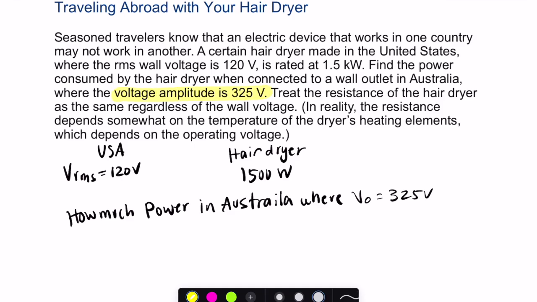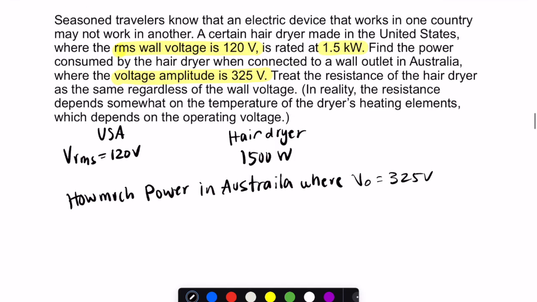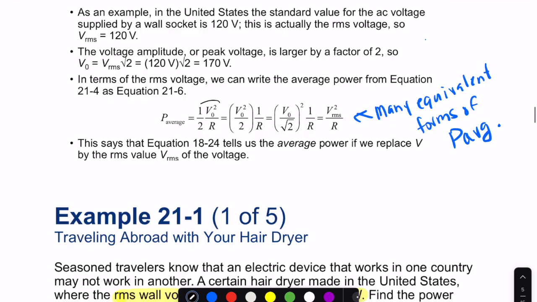Voltage amplitude is V naught. RMS is VRMS. So let's say we want to find the power. What is the power in Australia? Well, using the V naught value, we get 1/2 V naught squared over R. I'm simply using this expression right here.